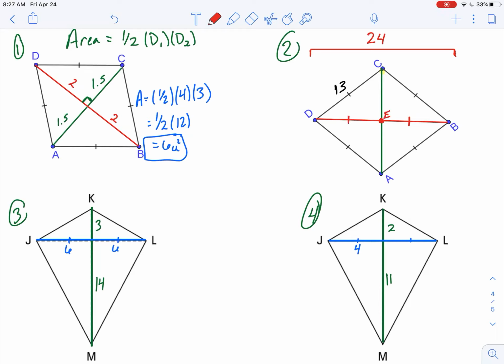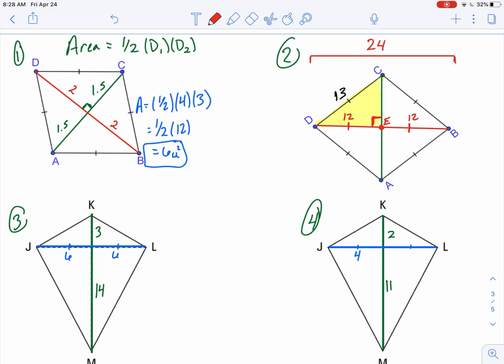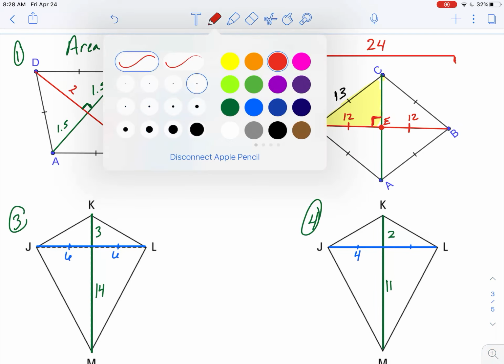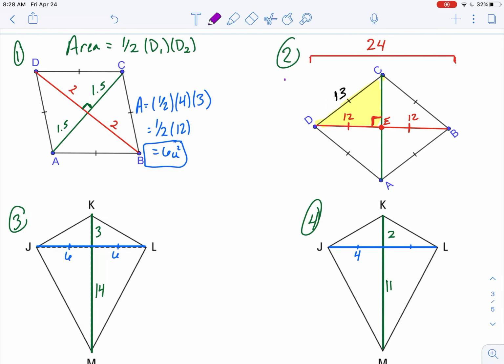I've got this right angle here. So what do I have here? Well, I've got a right triangle where I can use my Pythagorean theorem to find the missing third side, this leg.